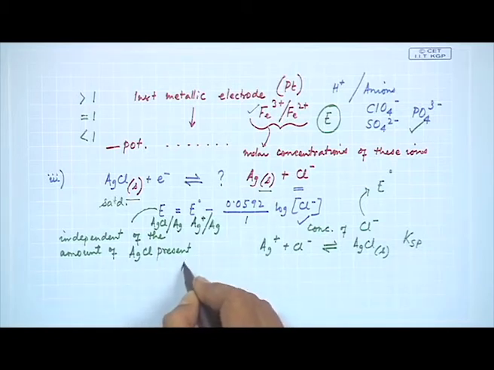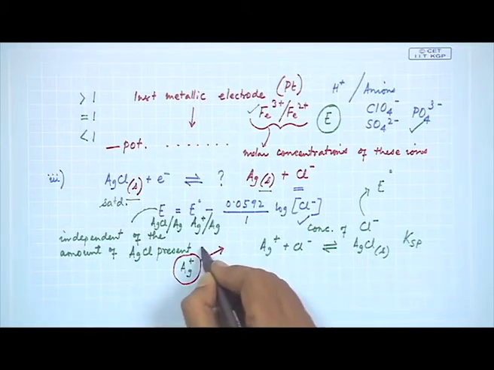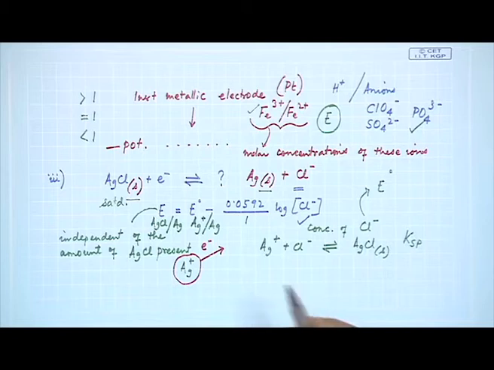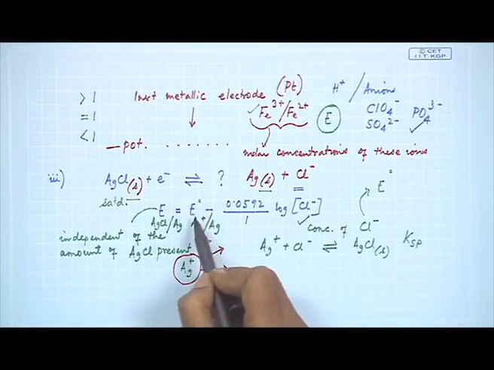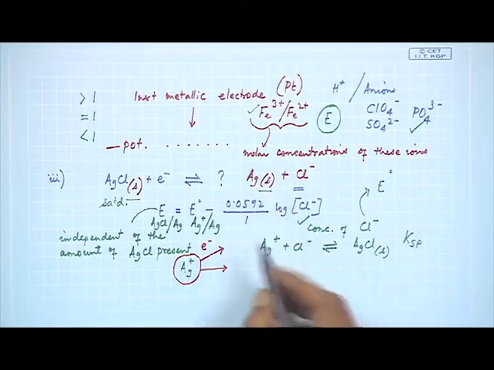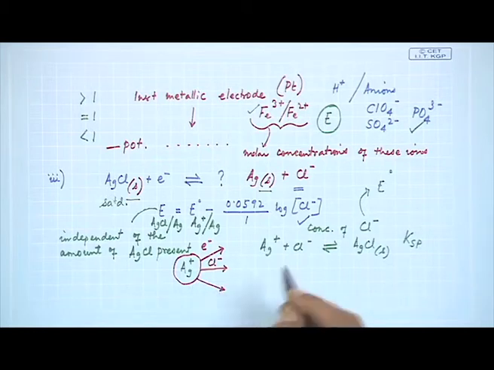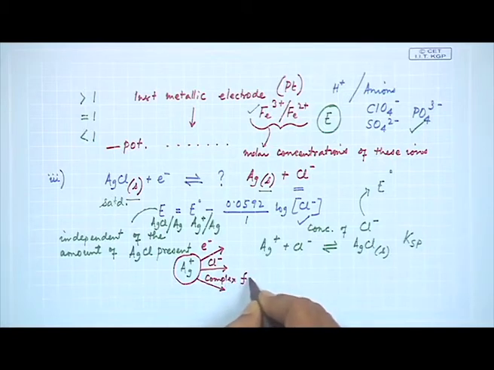So, not only these things, but if you have the silver ion which is getting reduced, the importance of this silver ion is significant in this reaction. Whether it is accepting one single electron in a direct way, or it is reacting with Cl minus producing AgCl, which gives rise to the solid silver also, or reacting with other species where you can get complex formation.